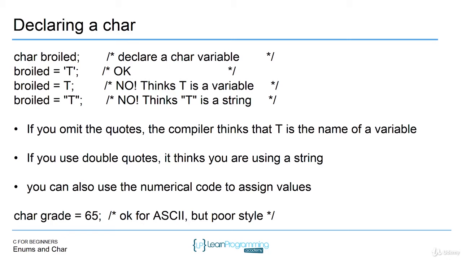So if you assign 65 to grade, it's going to look 65 up in the ASCII table, and it's going to be the equivalent of whatever character that is. You'd have to look in the ASCII table to see what that character is, but I know B is like 48. Again, this is the way the computer represents certain characters, by numbers. So you can't assign numbers to characters. They're just going to be converted to single characters based on what they are in the ASCII table.